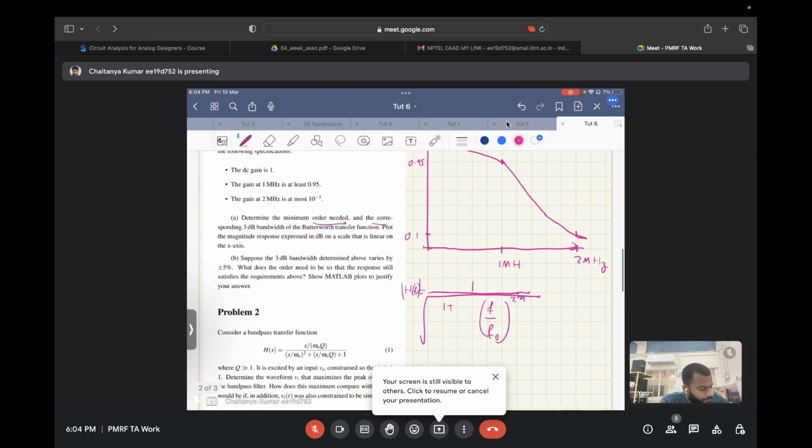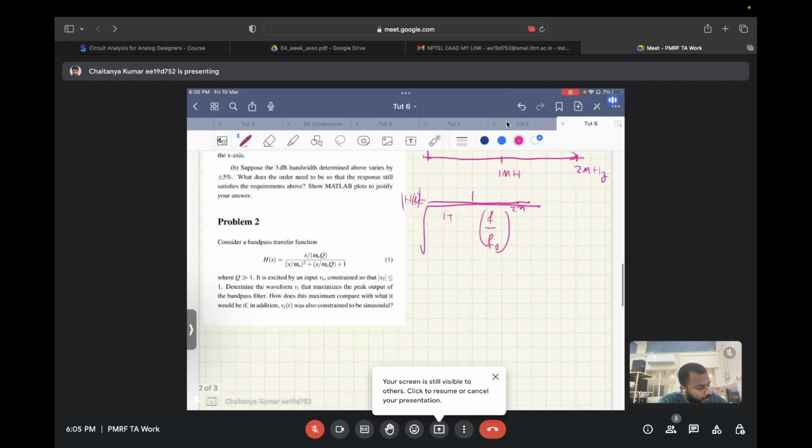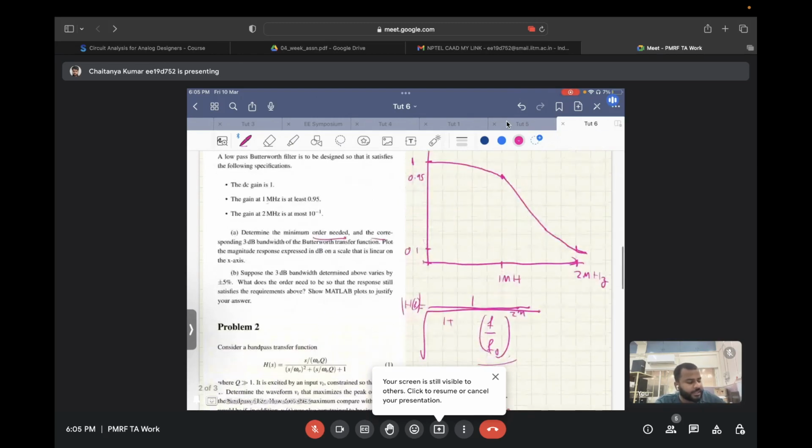Sir, the professor said in angular frequency, you change it to the frequency domain. Yeah, correct. Even if we write it in angular frequency, the angular frequency will be 2 pi f divided by 2 pi f naught. So 2 pi will cancel, and we can just write it simply in f. And since in the question it's written in hertz, we will proceed with hertz.